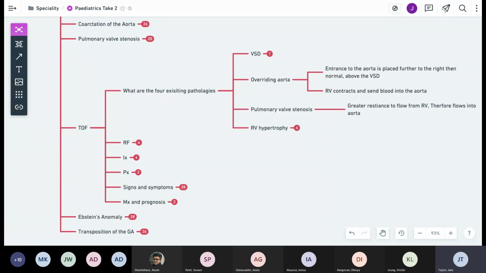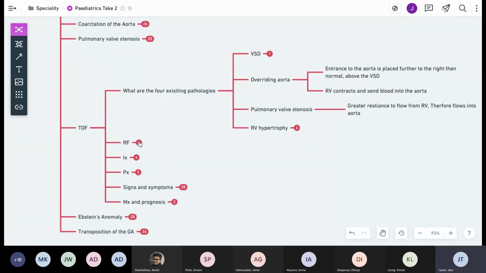If there is such significant pulmonary valve stenosis that more blood wants to flow up through the aorta rather than through the pulmonary valve, or across through the VSD, less blood will be oxygenated. More blood will go from a right to left shunt. That means that if the pulmonary valve stenosis is greater, you have more cyanosis, which makes sense, right?